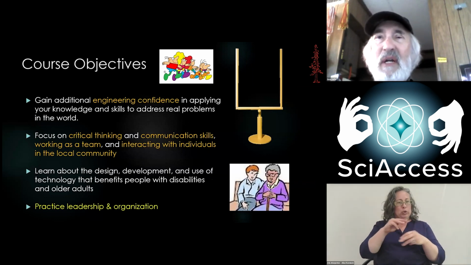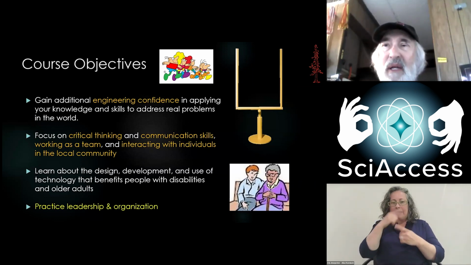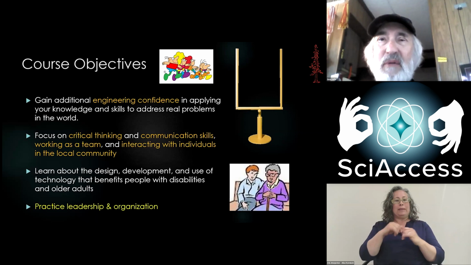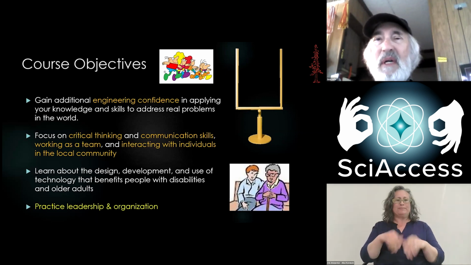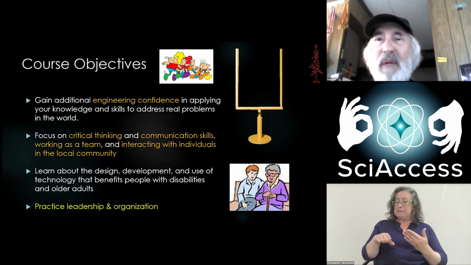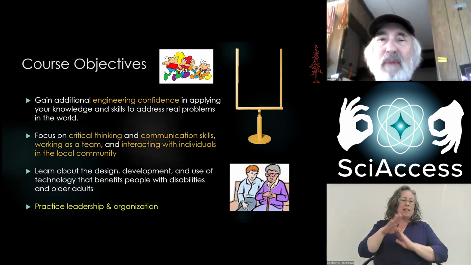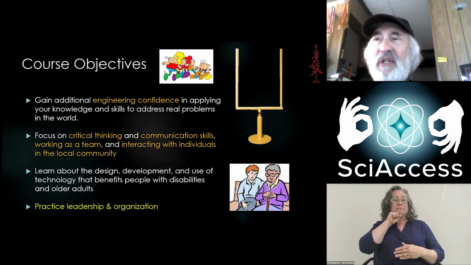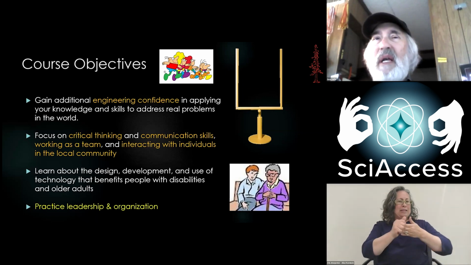And so we focus on critical thinking, communication skills, working as a team, and interacting with individuals in the local community. The students in pursuit of projects learn about the design, development, and use of technology that benefits people with disabilities and older adults. And there's an element of leadership and organization in what the students do.